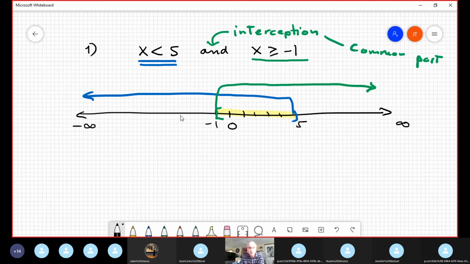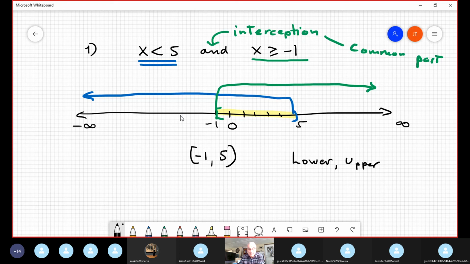So in interval notation, it is bracket negative 1, comma 5. Be careful, this is a parenthesis. It's extremely important. When you write interval notation, you put lower first and upper second.